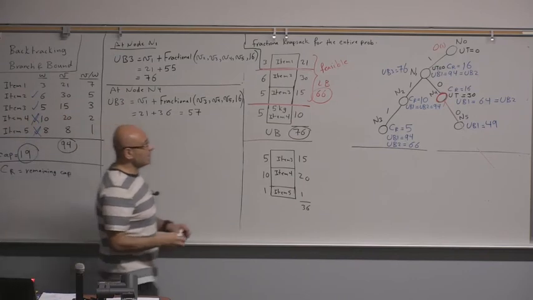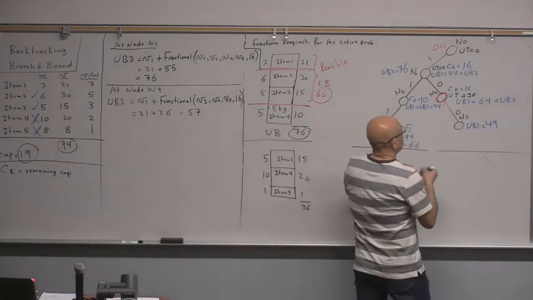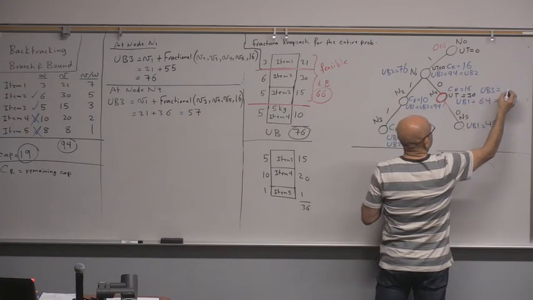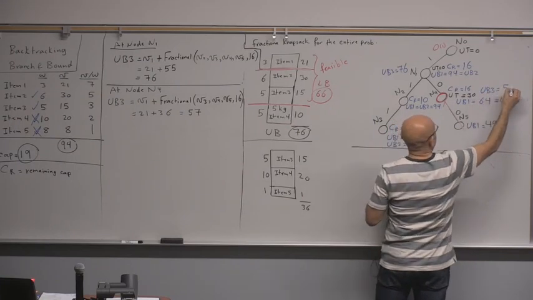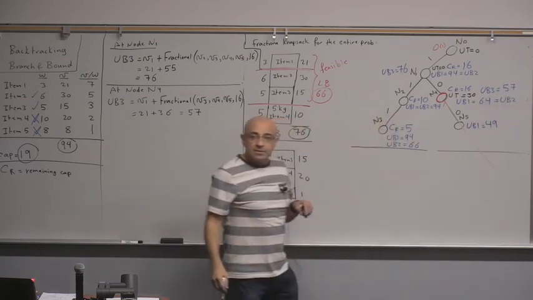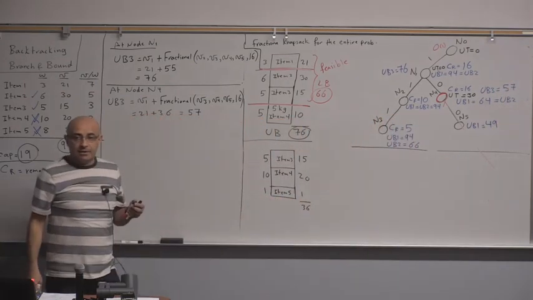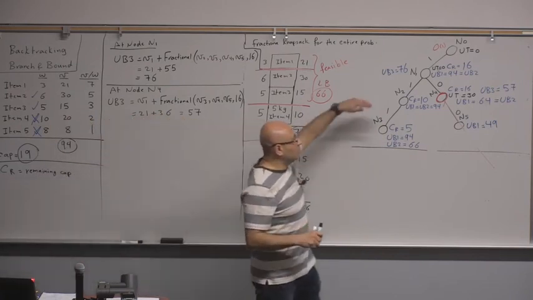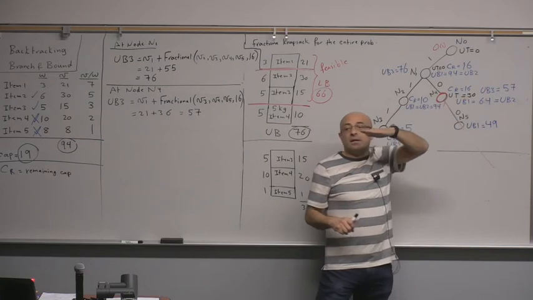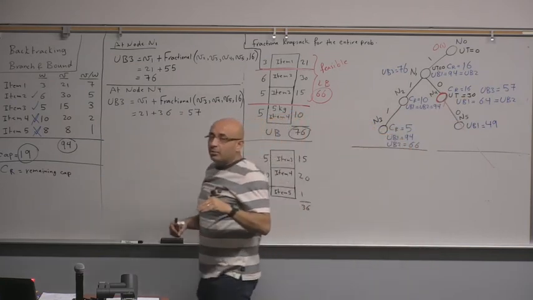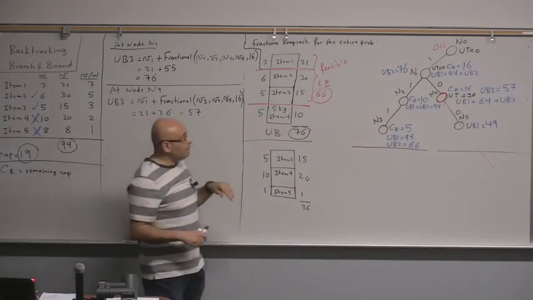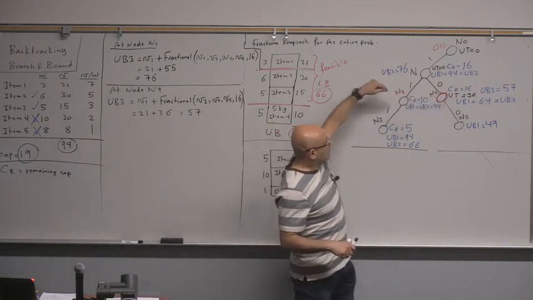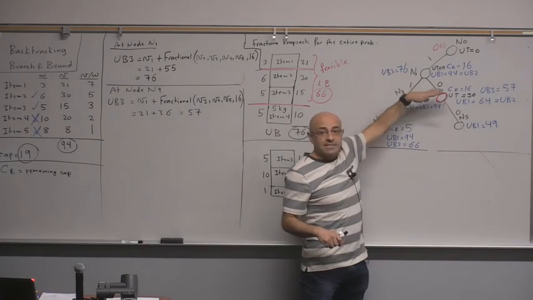Now what's interesting here is that at node 4 we have upper bound 3 equals 57. Now for upper bounds, the smaller the better, right? Smaller upper bounds are more useful because they will allow you to prune earlier, at smaller depths in the tree.